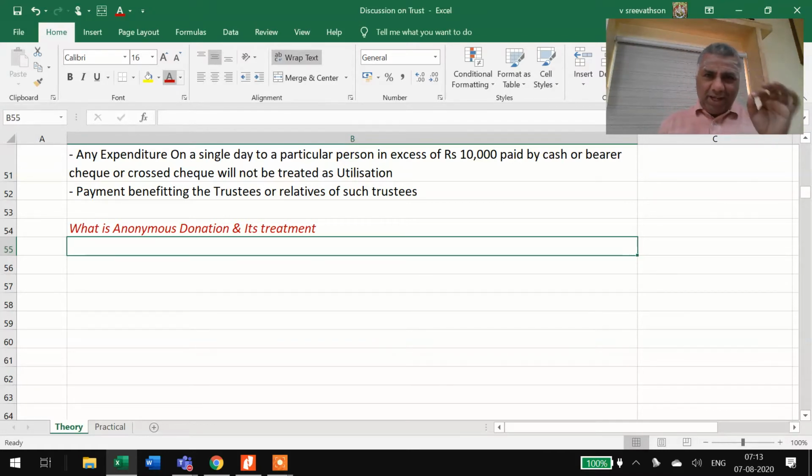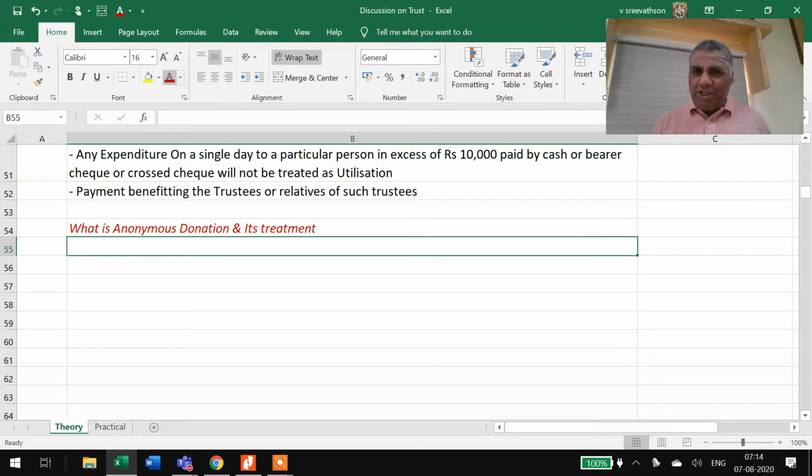The then finance minister read, I am going to tax anonymous donations at MMR, which is 30%. Understand it as 30%. I'll go into detail later. So I am going to tax anonymous donations at 30%.